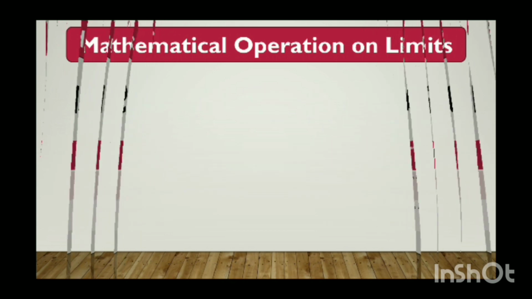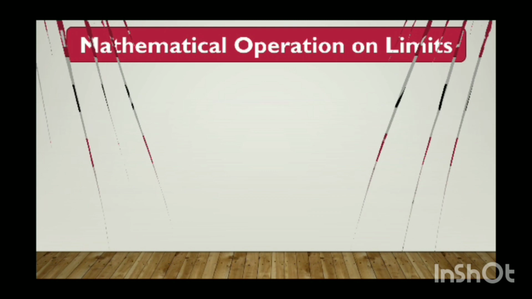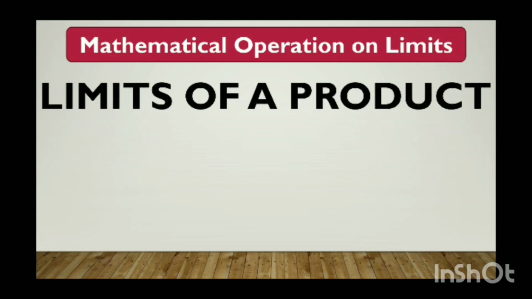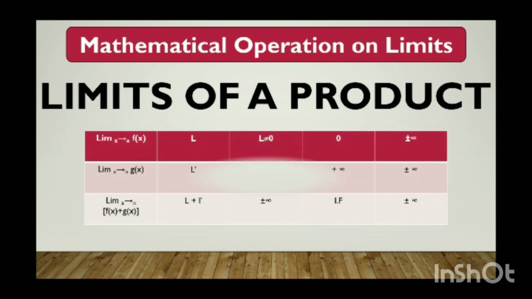So now we are going to continue with the limit of a product. Alright, the limit of a product, I'm going to represent it in 5 columns and 3 rows as well. So everything remains the same here, except that I have made an error.